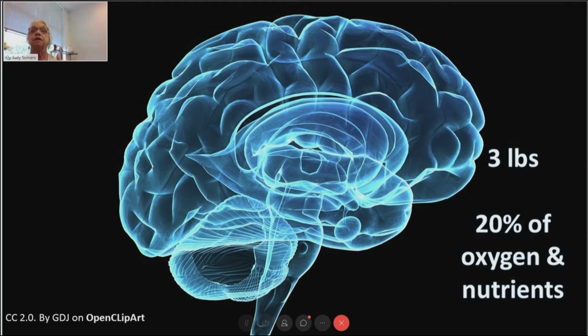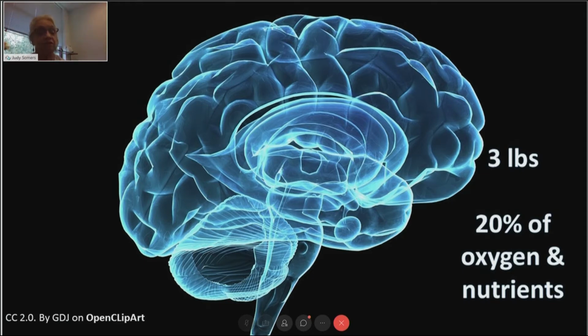So there has to be a continual input of those things to the brain. And consequently, that's one of the reasons it looks for patterns, to be more efficient in putting the information together, because there's not a store of nutrients, there's not a store of oxygen, and so it has to be efficient in how it uses what it has.